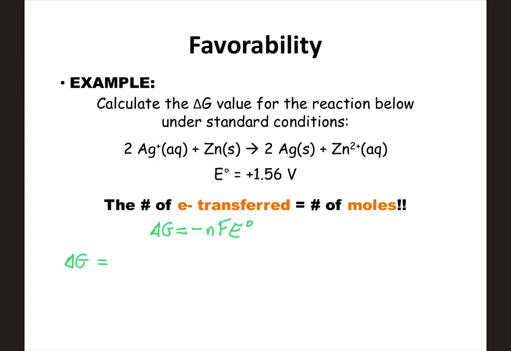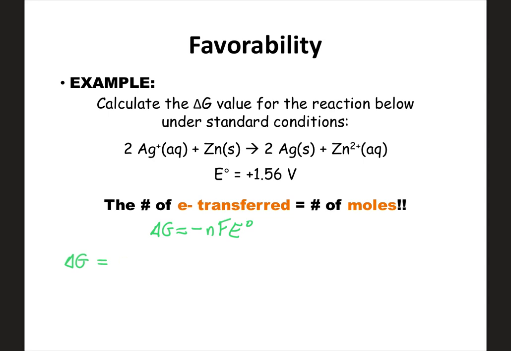The silver would just have 1 electron. That would have to be multiplied by 2 to make it 2 electrons, and that's when they would cancel. So our N, our number of moles, is going to be 2, based on the number of electrons that would cancel out in the balanced equation. If you don't believe me, write each half reaction and look at the electrons. The only way they would cancel is if there were 2 electrons.